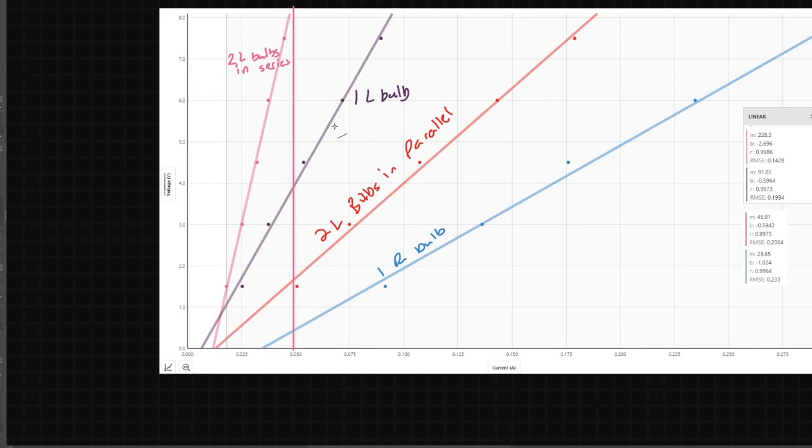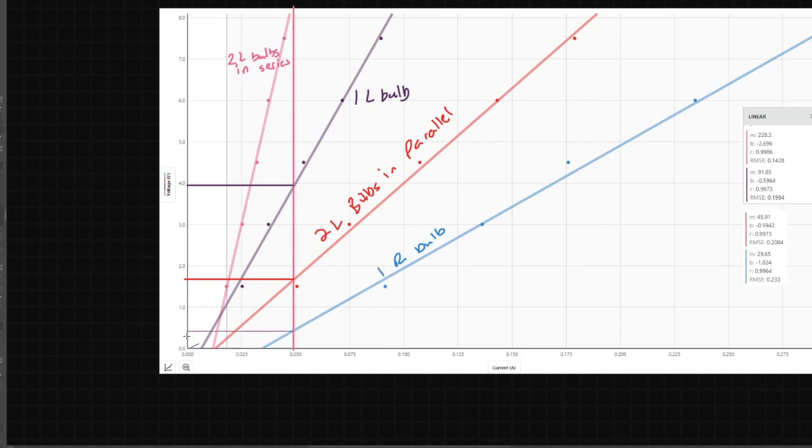If I wanted to get that same amperage for 1 long bulb, I don't need as much voltage. If there's only 1 long bulb, I only need like 4 volts. If there's 2 long bulbs in parallel, I only need like 1.5 volts. And finally, for a round bulb, I hardly needed anything. I needed like less than half a volt. Like 1 cell doesn't even need it.